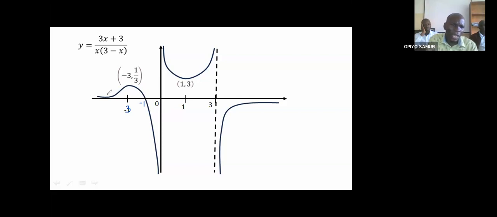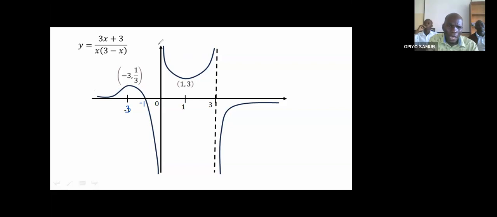So the curve becomes parallel as x tends to negative infinity. That's why you can see this curve as flattened and becoming parallel. If you extend it further, it will never meet the x-axis.